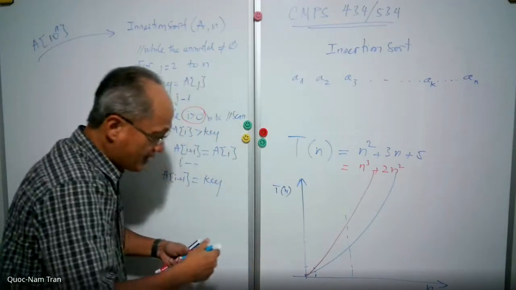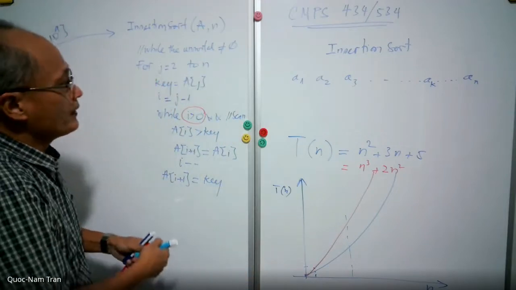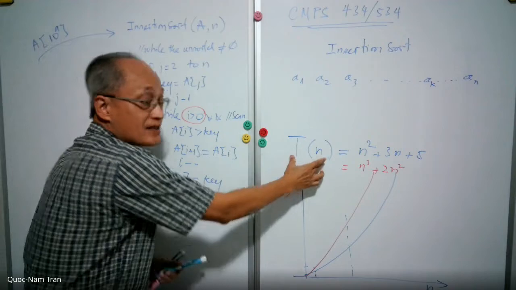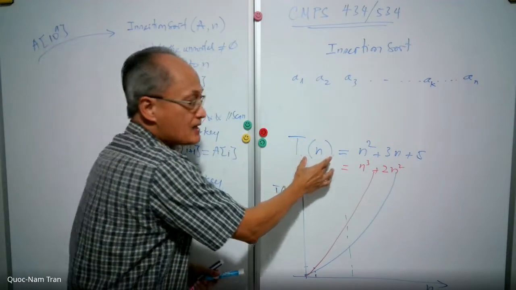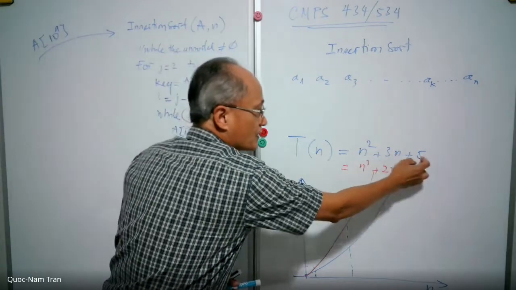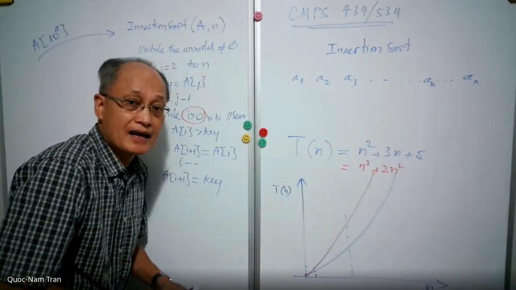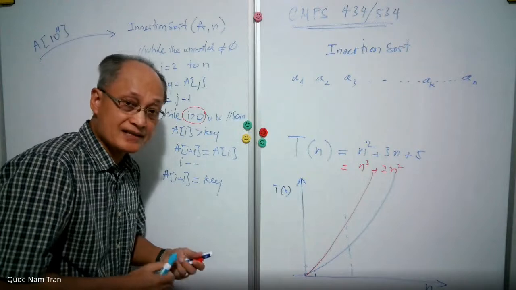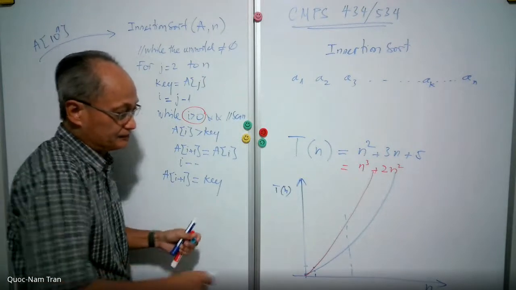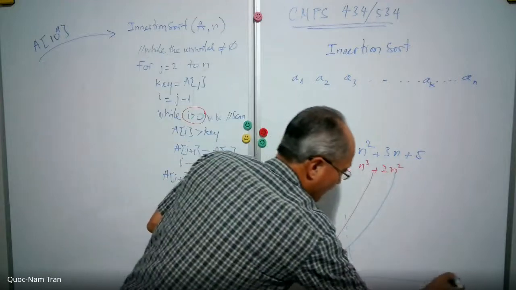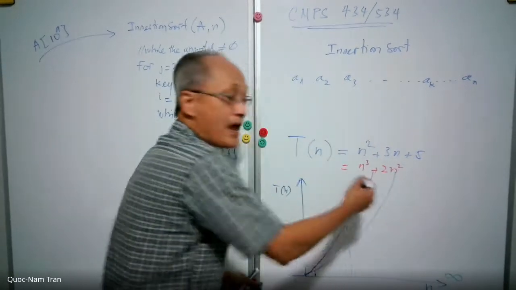So the idea is that we want to know how many steps the algorithm will take in terms of a function of n, where n is the size of the input. And here we want to see what will happen when n goes to infinity.